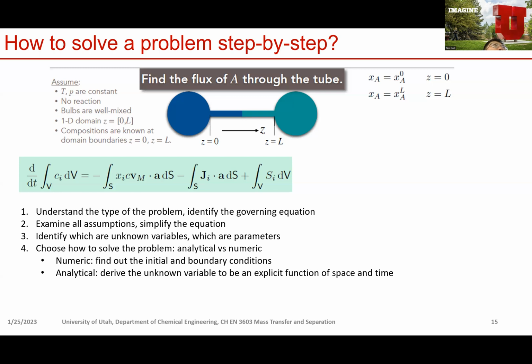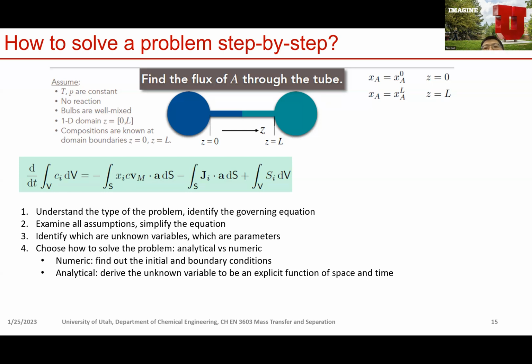And we discussed one simple problem where we have two bulbs with a binary mixture inside, and in the two bulbs we have different concentrations of component A. These two bulbs are connected by a tube, and we try to solve the molar fraction of A throughout the tube at steady state, and then based on that we can compute the flux, right?